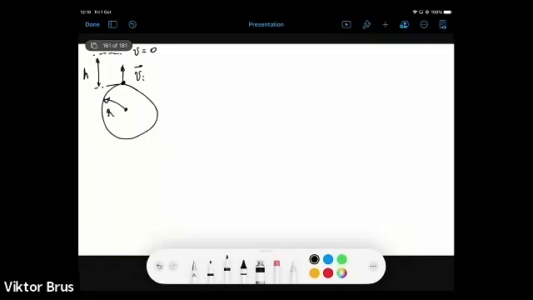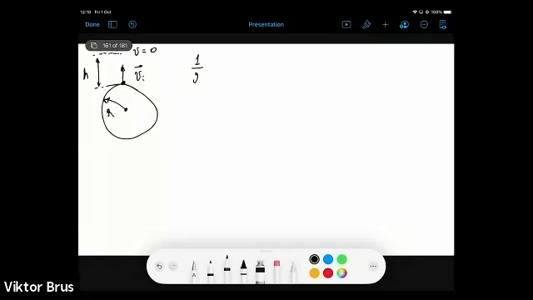Let's start from the simple option. Let's apply the previously discussed conservation of total mechanical energy for this satellite or planetary motion. And we can write the following.